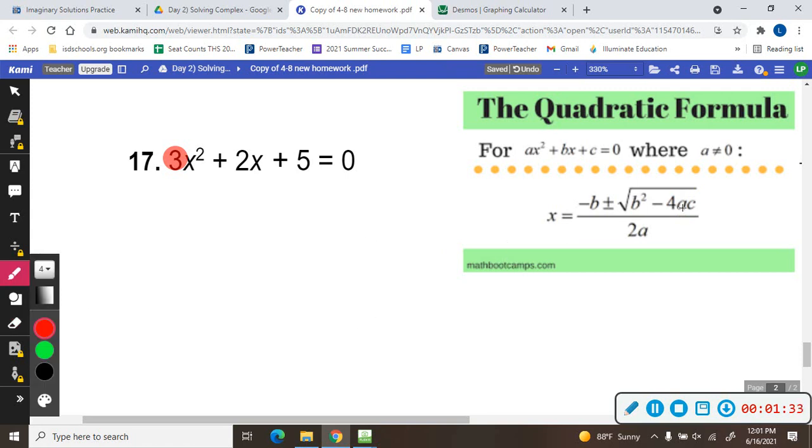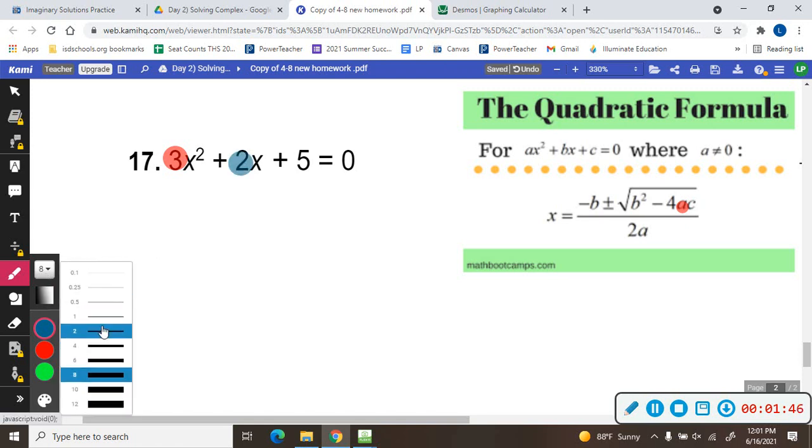So I'm going to put a 3 here. 2 is my b. So everywhere I see a b, I'm going to put a 2. So I'm going to put a 2 here. I'm going to put a 2 there and a 2 there. And then c is my 5.